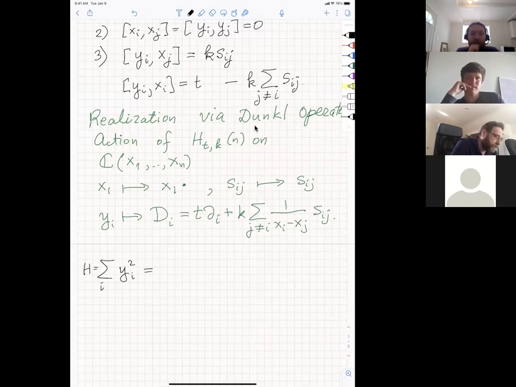Let me restrict myself to t equals 1, just for writing formulas, because you can rescale. So there is a scaling symmetry. If you take (t, k), there is a scaling symmetry (lambda t, lambda k). So there is a simple isomorphism. You can rescale the variables so that you will get this symmetry.